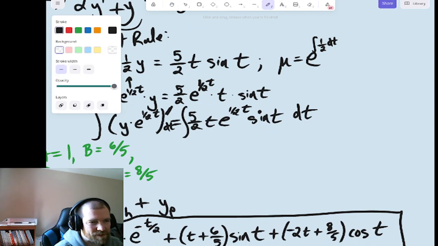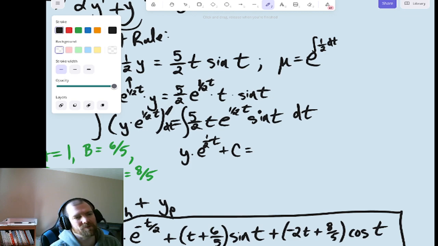The problem here is that the left-hand side just becomes y times e to the 1/2 t, no problem. And plus c, if you want to stick that on there. But the right-hand side is now going to be this integral, which you're going to have to do integration by parts. And that's going to get pretty gross pretty quickly.